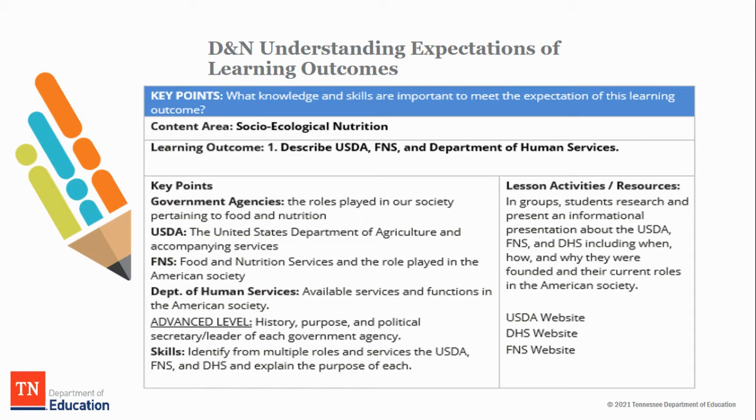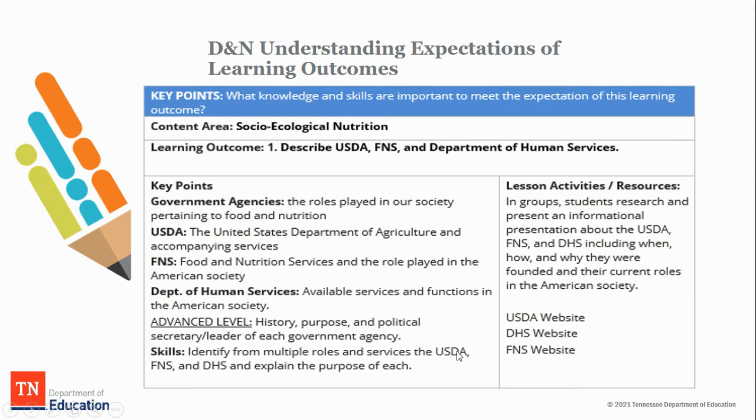The key points that I want my students to understand and leave the lesson knowing would be that these are government agencies, and I want them to know what each agency stands for and what it is. So you can see here that we've got the USDA, the U.S. Department of Agriculture, FNS, the Food Nutrition Service, and the Department of Human Services.